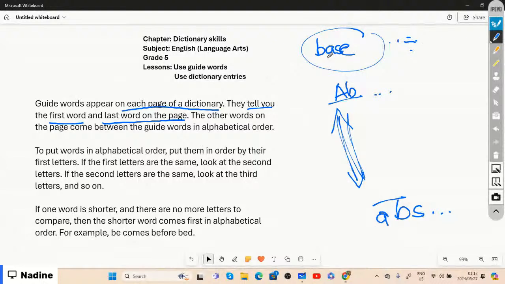So in a dictionary, the words are in alphabetical order. In an encyclopedia, the words are in alphabetical order as well, as in a thesaurus, right? A dictionary only gives you words and the meanings of all the words. A thesaurus, you will have the word and all the synonyms of that word.